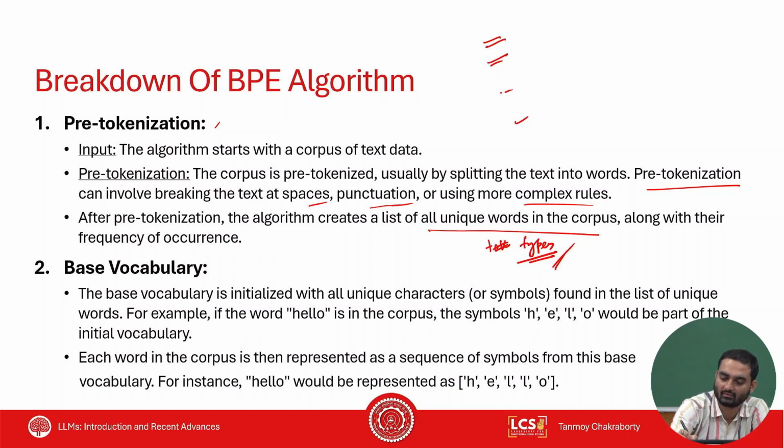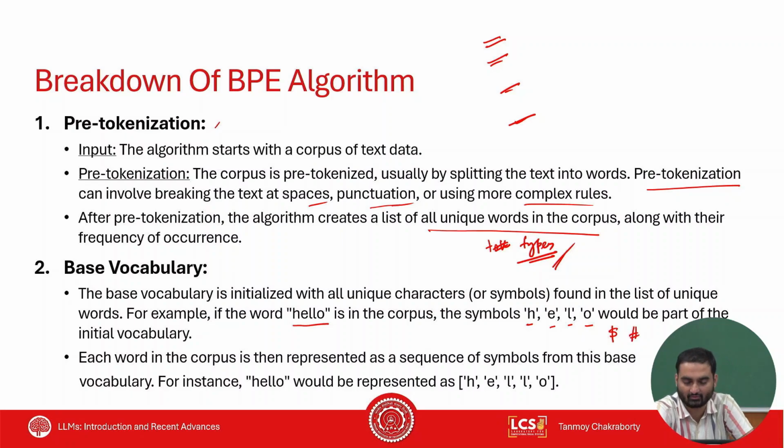From the words, you extract the characters and add them to the vocabulary. For example, one word is hello, H-E-L-L-O. You add the characters H, E, L, and O. You add L one time because you want to add only unique characters. So H, E, L, O will be added to the vocabulary. If there is a special symbol, let's say dollar or hash, these will also be added, and so on.